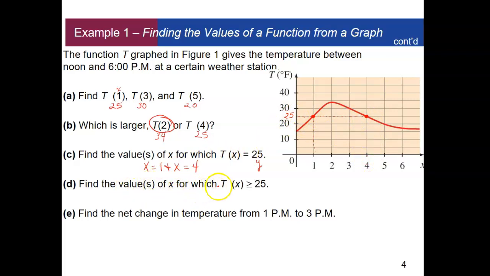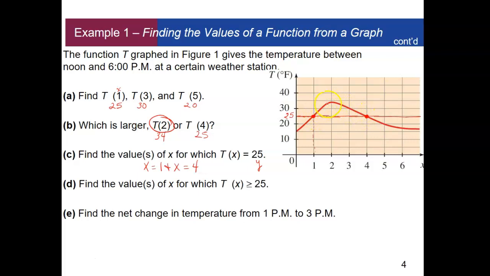Find the values of x for which T of x is greater than or equal to 25. Well, we already located where it was equal to 25, so we have to look and see where it is greater than that. So I'm going to draw this straight line across here, at least as straight as I can draw it. This particular graph is above 25 for this interval here.